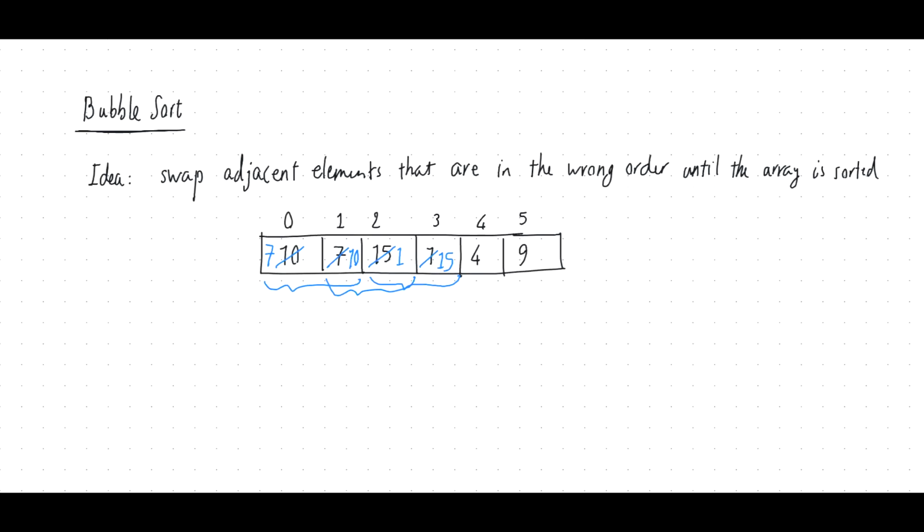Let's talk about that. Let me very quickly write the code over here. So we have two nested loops, right? For i equals 0, i is less than n, i plus plus, and then you have for int j equals 0, j is less than n minus 1, j plus plus.